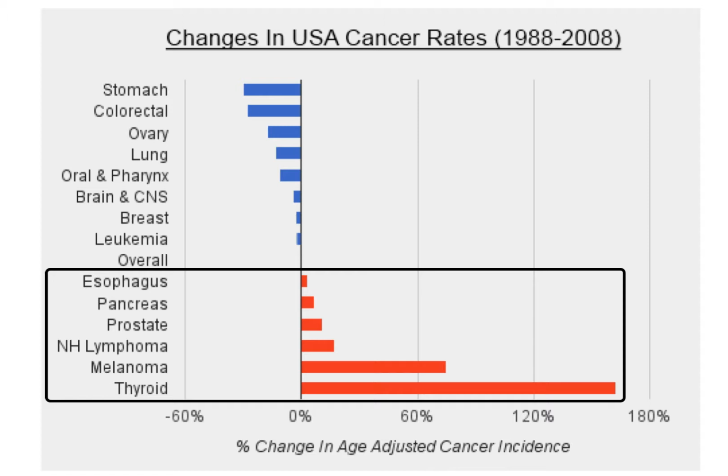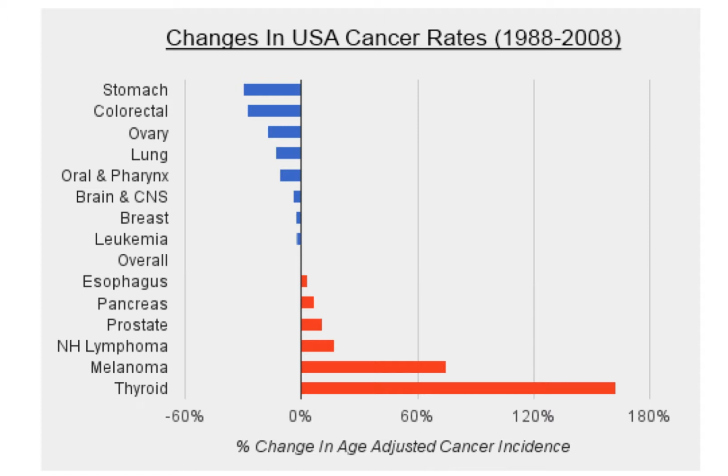Thyroid is probably related to radioactivity, due to radioactive tests and increases in use of radiation for different purposes. Melanoma is definitely related to sun exposure, people using tanning booths, things like that.